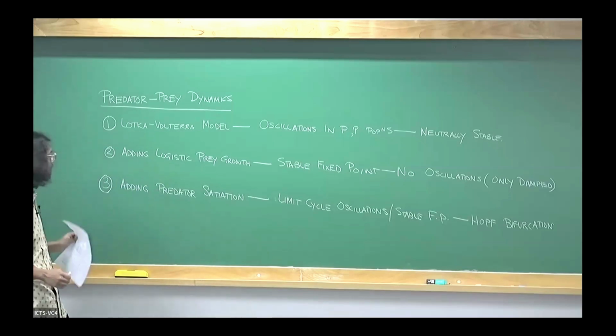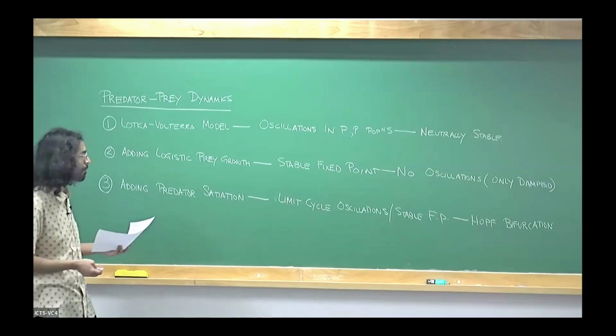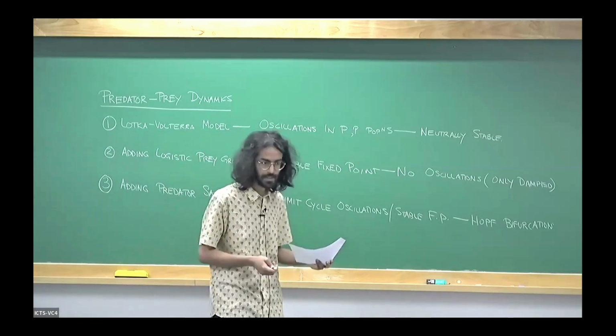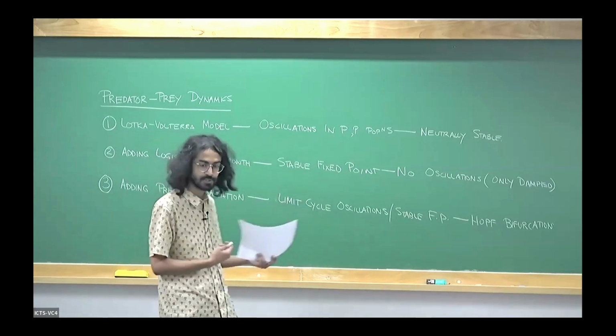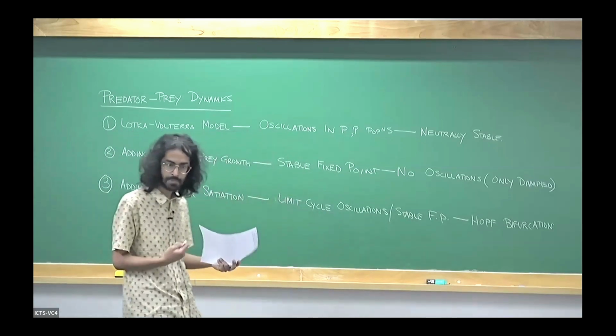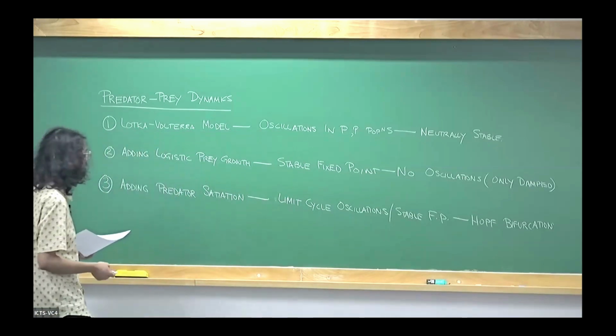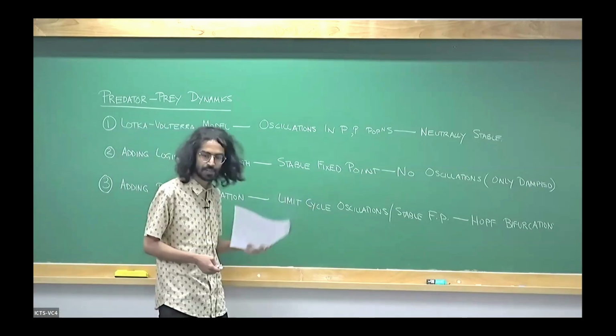In the first step, we'll try and add some logistic growth, which we studied in the last class, to the prey population. In this case, we'll see that actually we get hurt before we get better. We lose the oscillations. The oscillations become damped. They're not neutrally stable, but they're stable enough that you go to a fixed point.